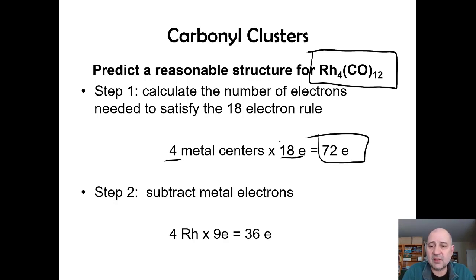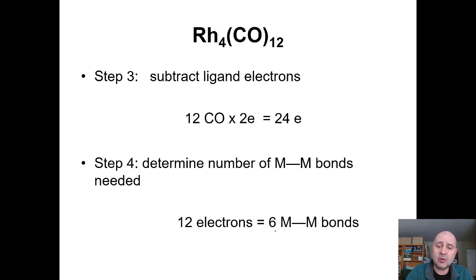So we're after 72 electrons, and then you subtract out how many electrons we have from the carbonyls and from the metals. If you look up rhodium, it has 9 electrons, so you get 36. You subtract that from the 72. You also have 12 carbonyls, so that's 24.